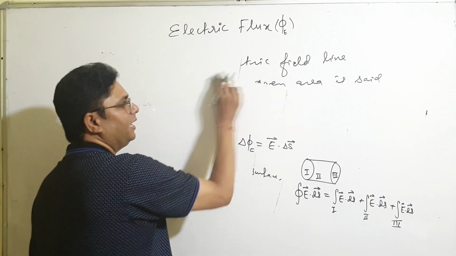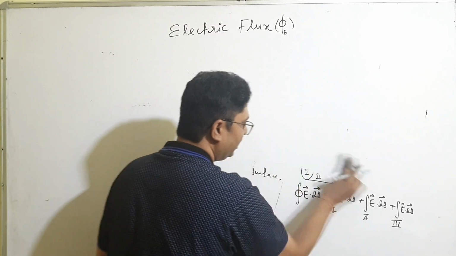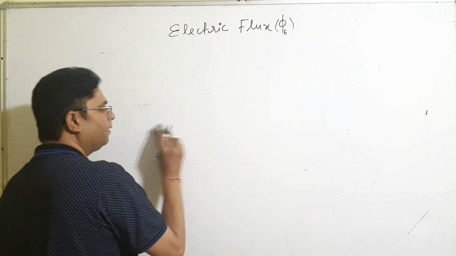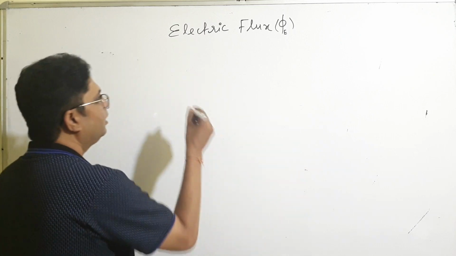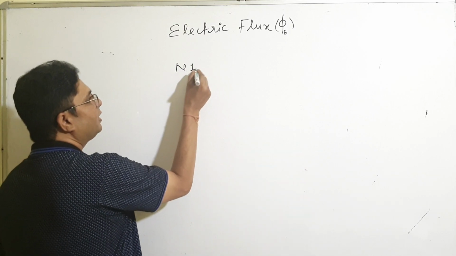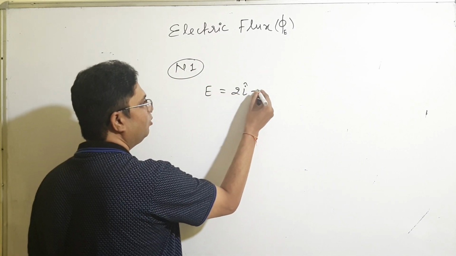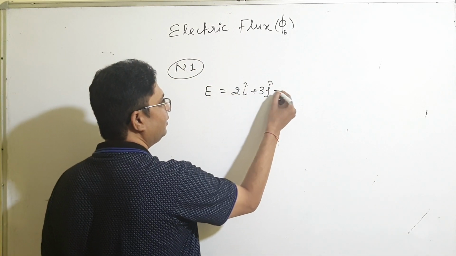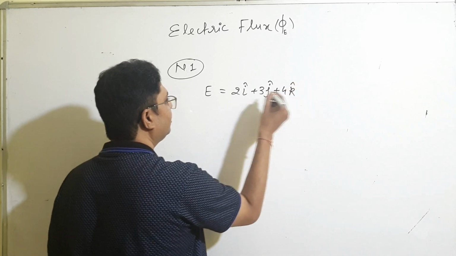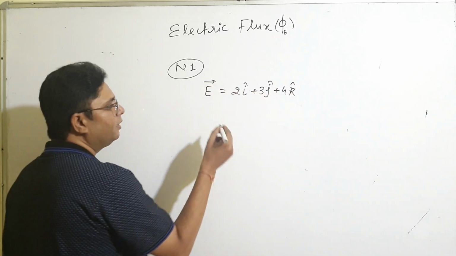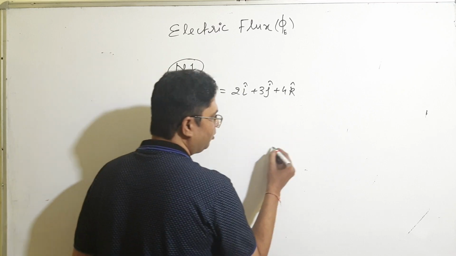Let's understand a numerical based on this. In this numerical number 1, electric field E equals 2i plus 3j plus 4k. So I am drawing this diagram.